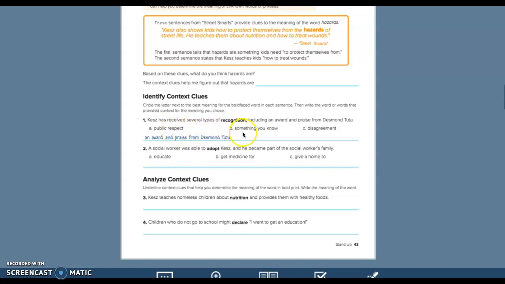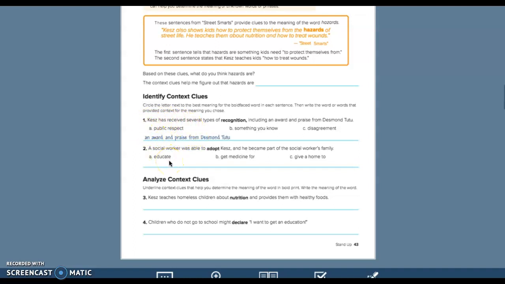Do you think it's something you know? Do you think it's a disagreement? Out of all of those, okay, so recognition, it restates it. An award and praise, okay, from Desmond Tutu. So my guess is the best answer on that would probably be public respect, right?